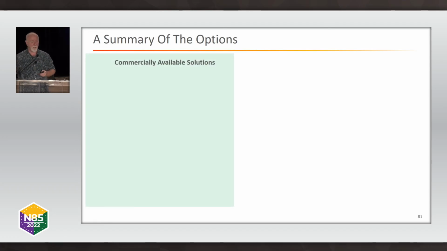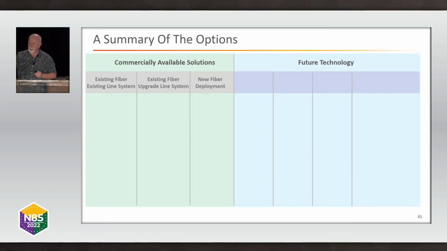So of course, I'm looking initially at commercially available solutions, and then at future technologies. And the commercially available solutions, remember I divided them into those 3 categories: using today's fiber with today's line systems, moving to existing fiber with new line systems, and then finally new fiber deployments.